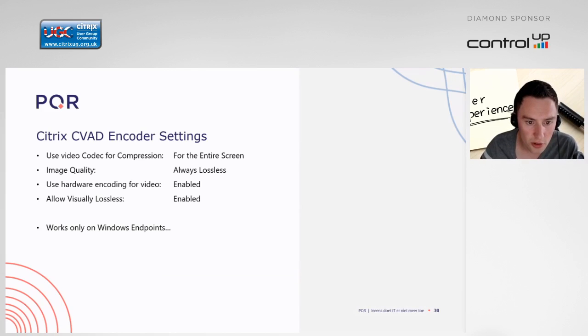So we have no color compression for this image, which is great for this situation, especially with 2D CAD, as I explained earlier. But this only works on Windows endpoints. That's something you have to keep in mind.